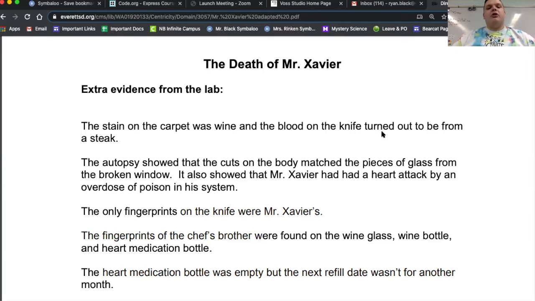The autopsy showed that the cuts on the body matched the pieces of glass from the broken window. It also showed that Mr. Xavier had a heart attack caused by an overdose of poison in his system. The only fingerprints on the knife were Mr. Xavier's. The fingerprints of the chef's brother were found on the wine glass, wine bottle, and heart medication bottle. The heart medicine bottle was empty, but the next refill date wasn't for another month.